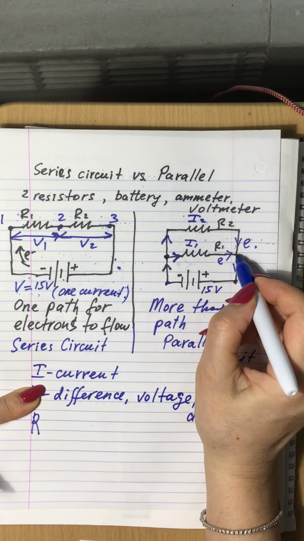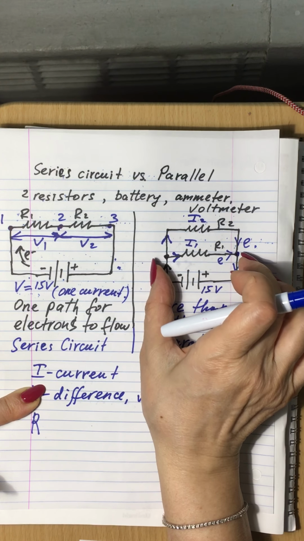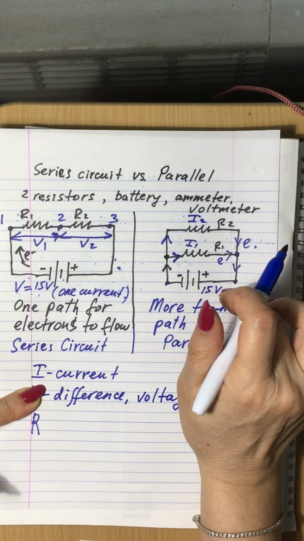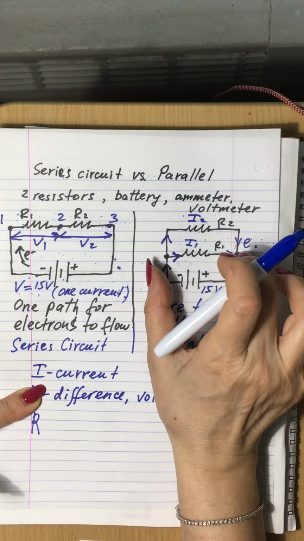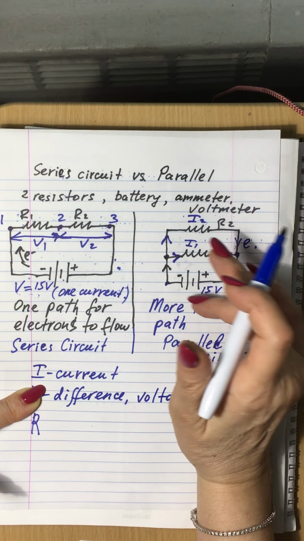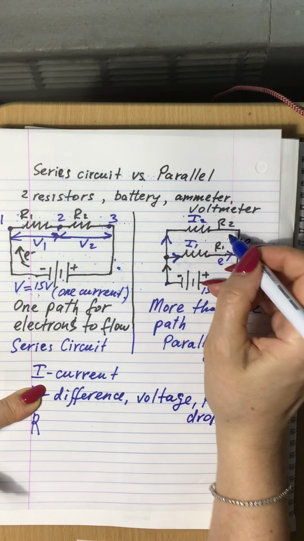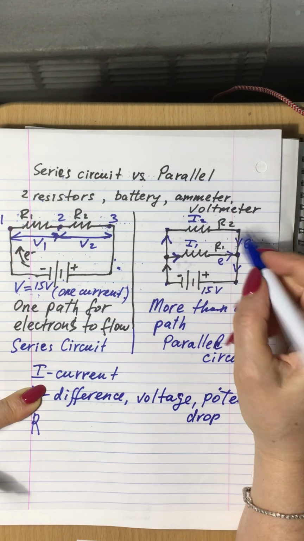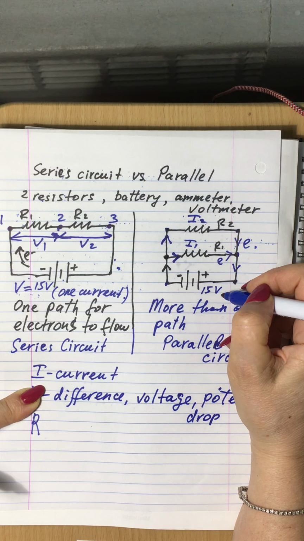If we're looking at these 2 points across the first resistor, it would also be 15 volts because it's the same 2 points inside the electric field that produces this current right now. And if you look across these 2 points, the potential difference would be exactly the same.